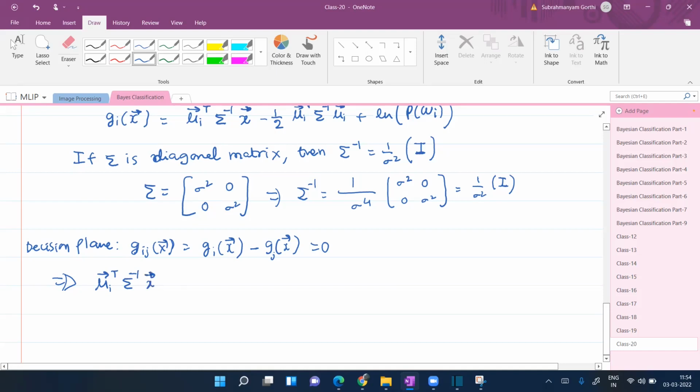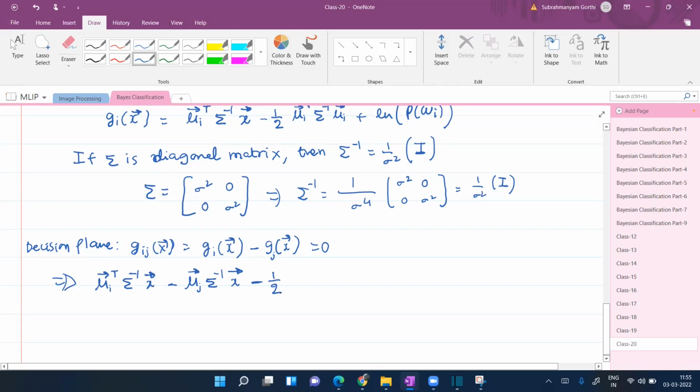When I subtract Gj of x bar, in place of i I will get j: mu j bar transpose into sigma inverse into x bar. In the textbook the derivation and intermediate steps are not given. Since you may find it trickier to figure out later, I am writing these steps, so please follow them carefully.